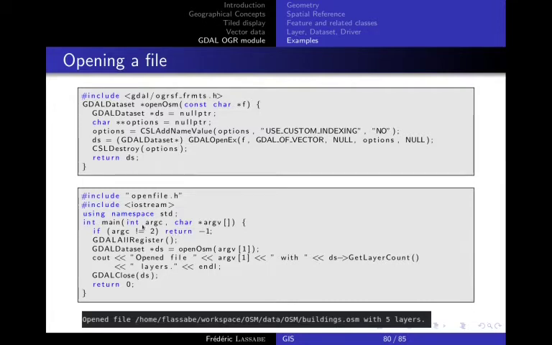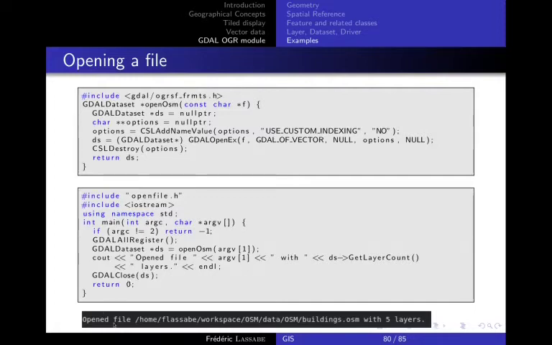Then from the main function we register all, we open OSM with this function, and we tell open file with the number of layers in the file, and we close the dataset, which will deallocate everything.